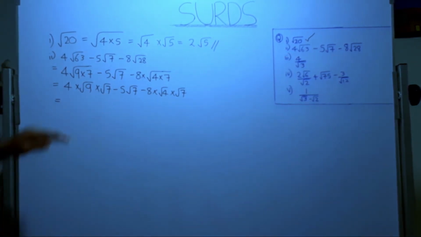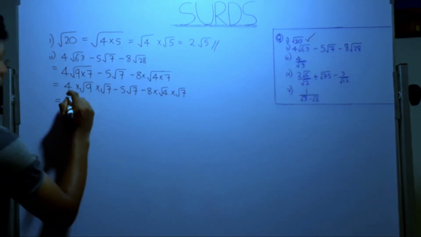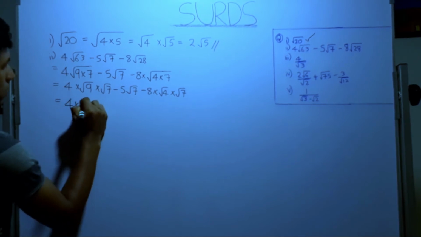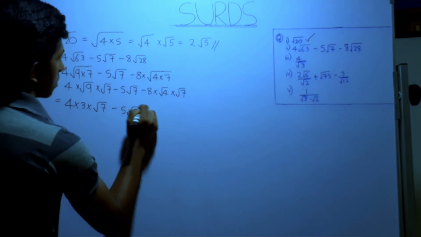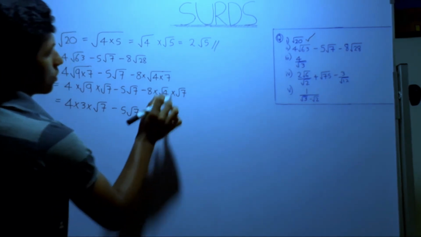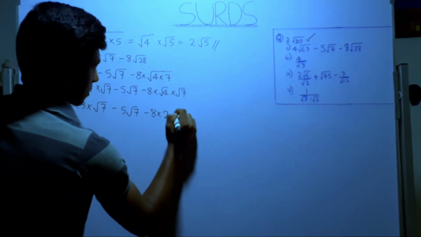Root 9 would be 3, so 4 times 3 times root 7 minus 5 root 7 minus 8 times root 4, which is 2, times root 7.